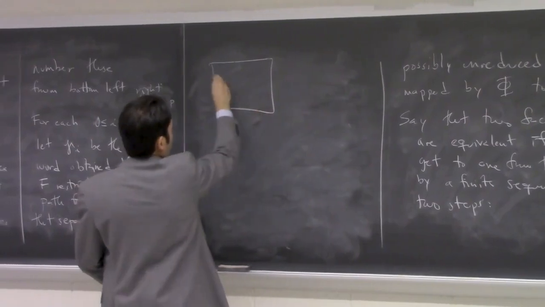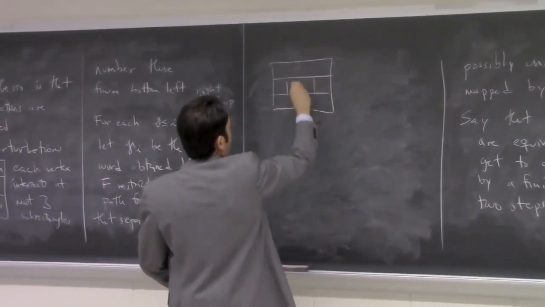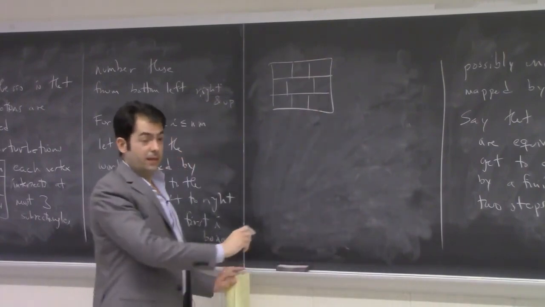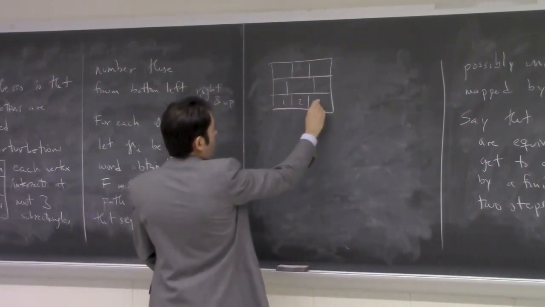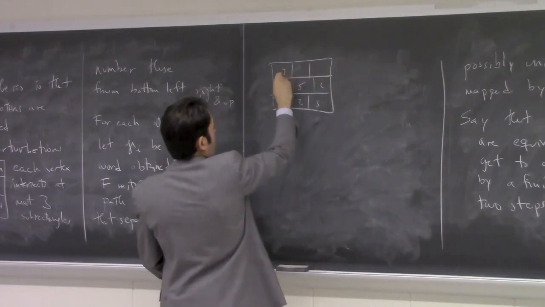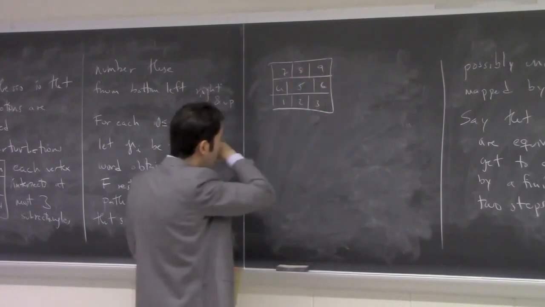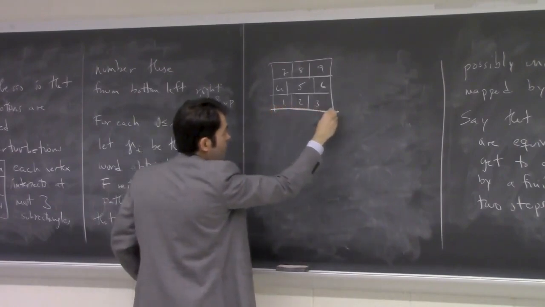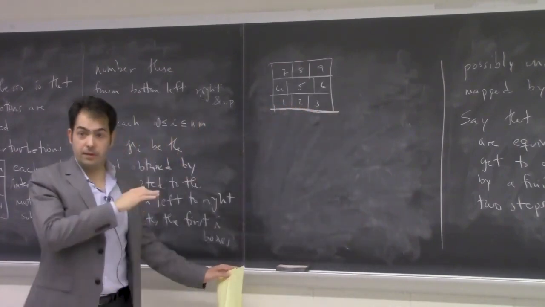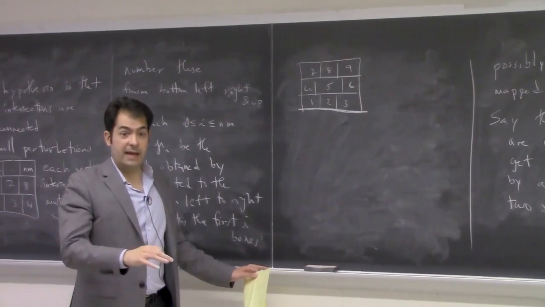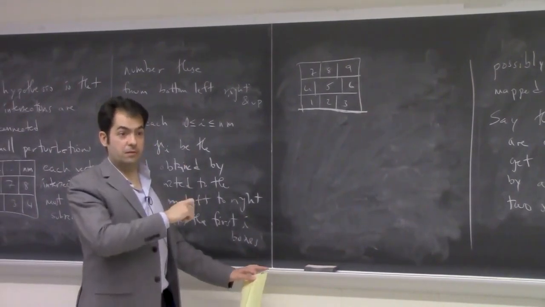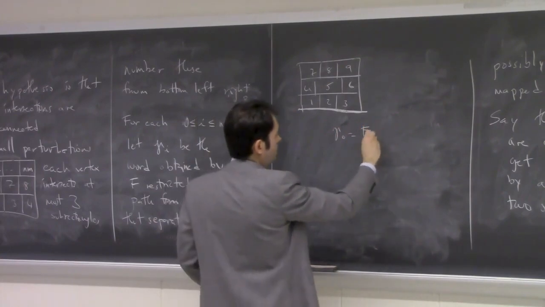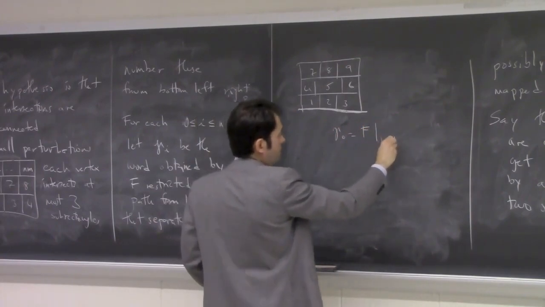Okay, so let's say we're like this. Then 1, 2, 3, 4, 5, 6, 7, 8, 9. Okay, so gamma 0 would be take this bottom line and restrict f to that. Right? So gamma 0 is f restricted to the bottom edge.